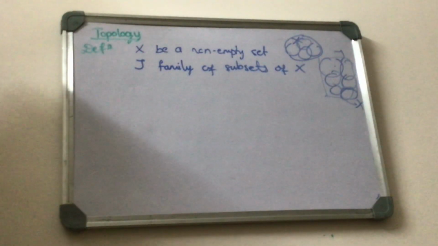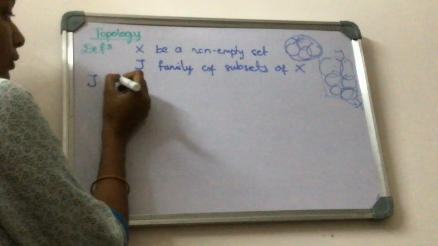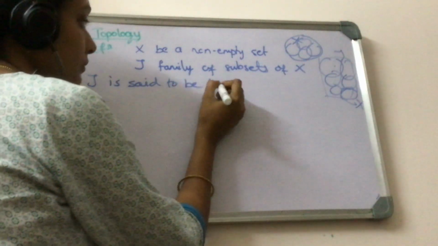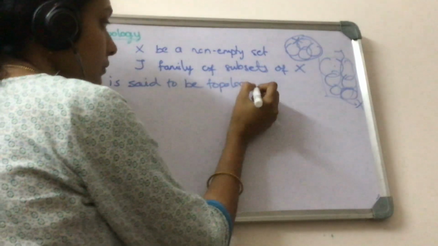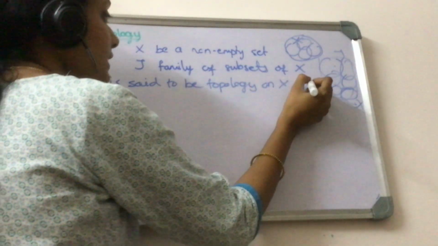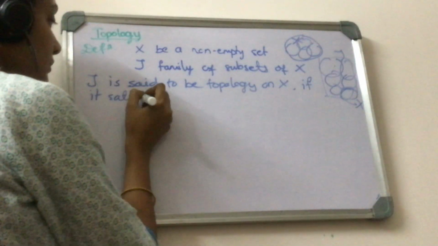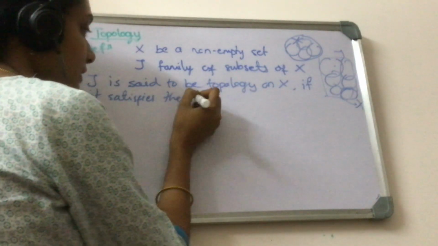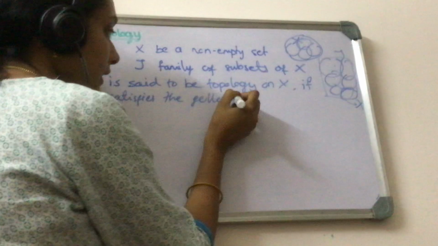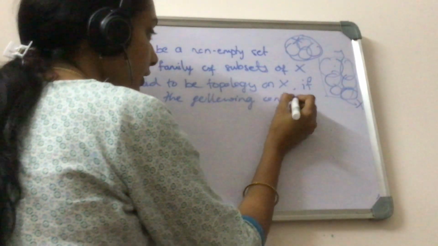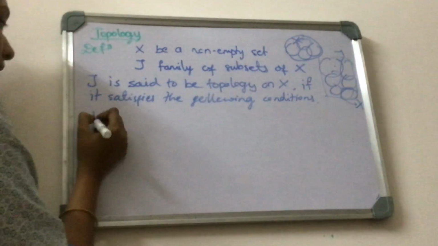Now tau is said to be a topology on X if it satisfies the following conditions. What are the conditions? Conditions, or you can say properties.